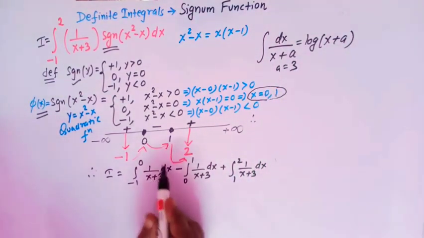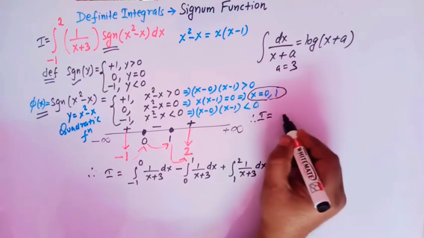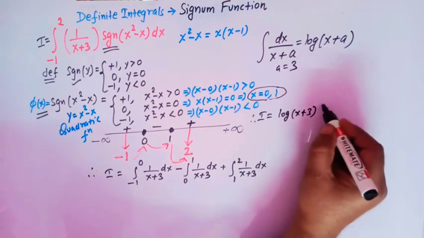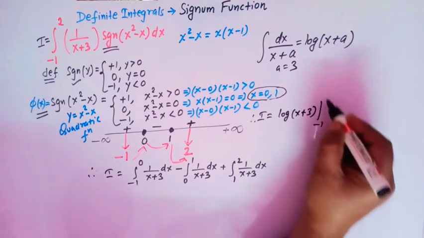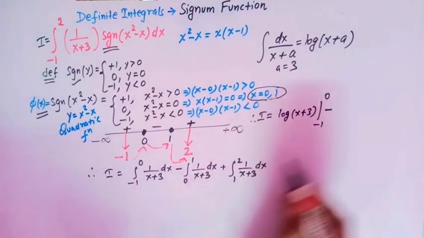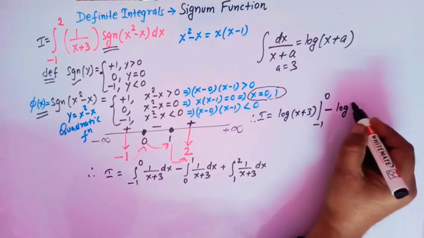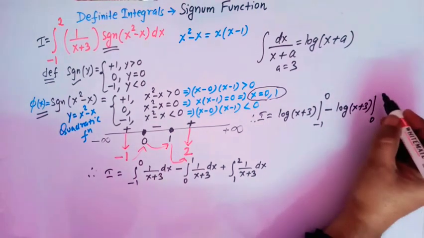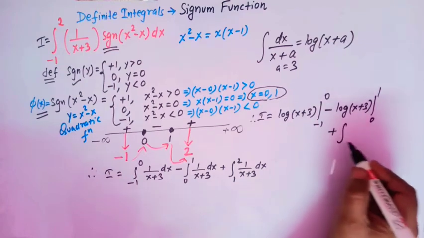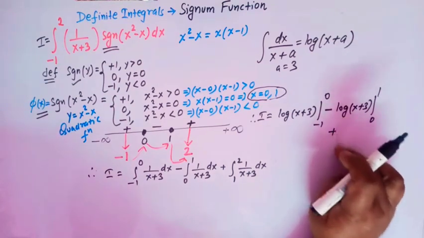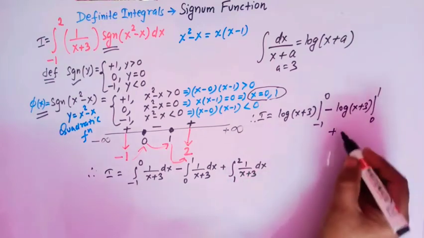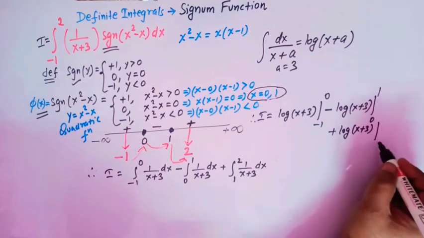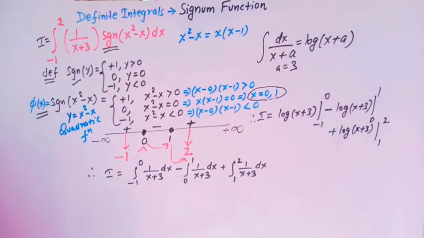So the value of the first integral is equal to log of x plus 3, with limits from -1 to 0, minus log of x plus 3 with limits from 0 to 1, and then the value of this integral 1 over x plus 3 is again log of x plus 3, with limits from 1 to 2, right?